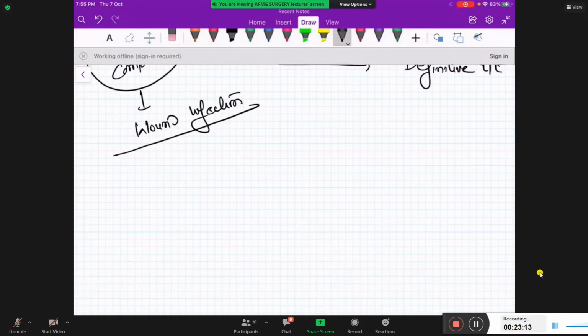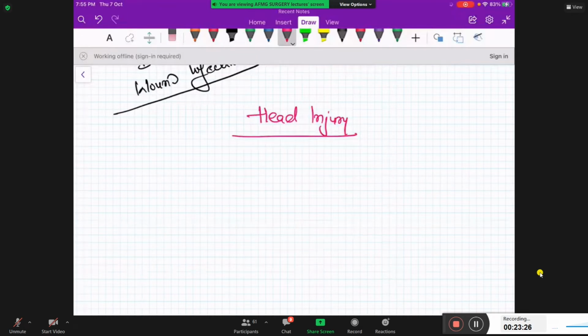So this was about damage control surgery. Now then comes head injury. It is more of an understanding. Look, trauma questions are all about concept.